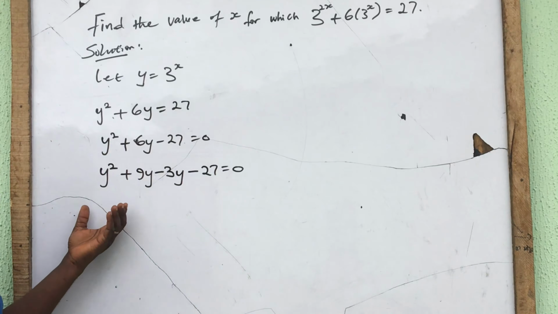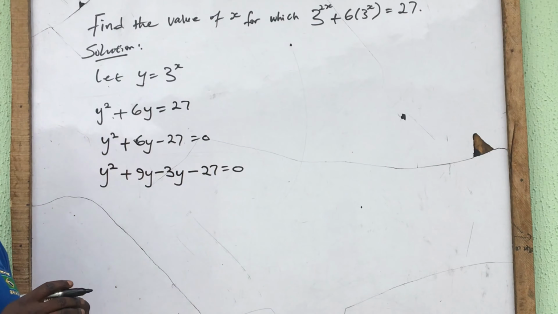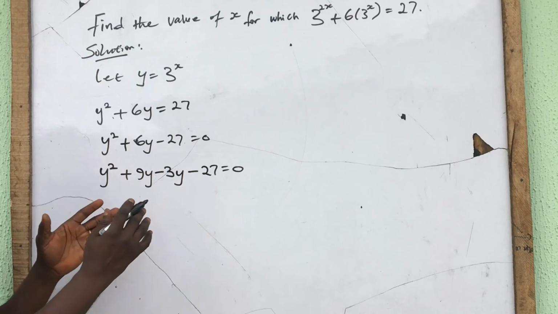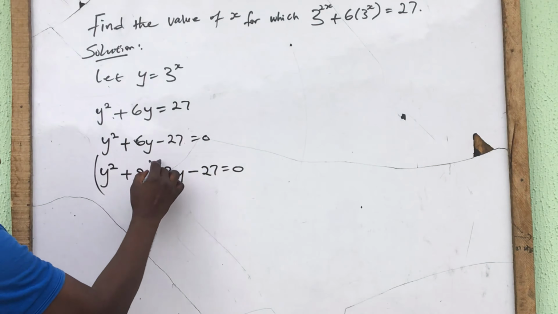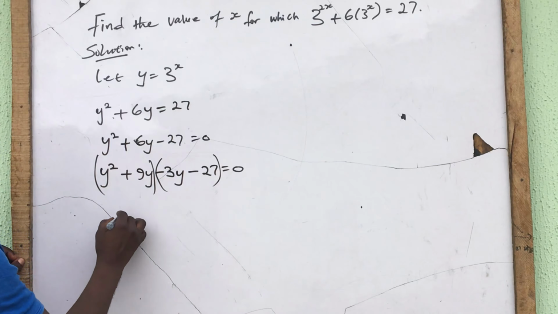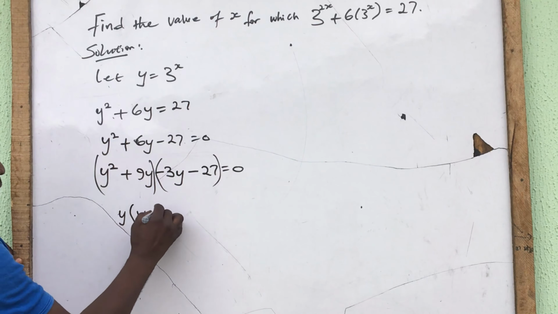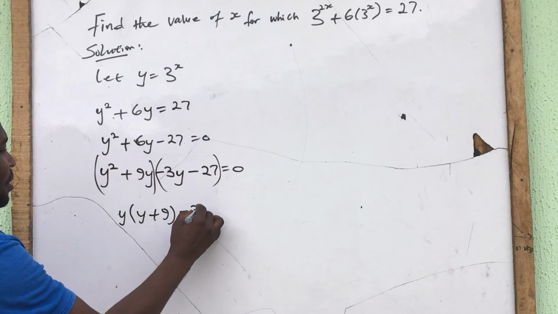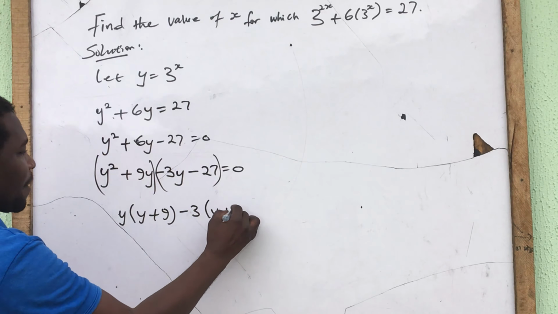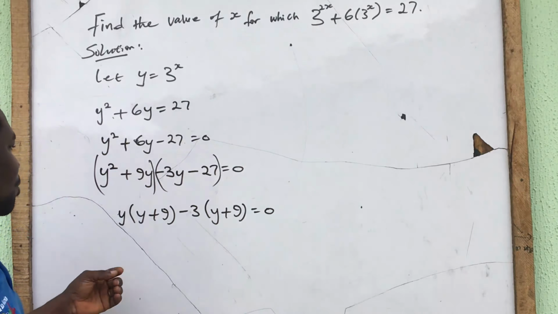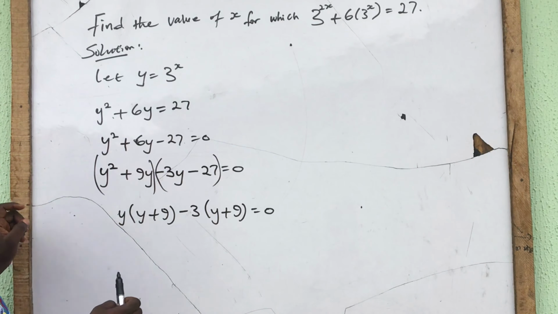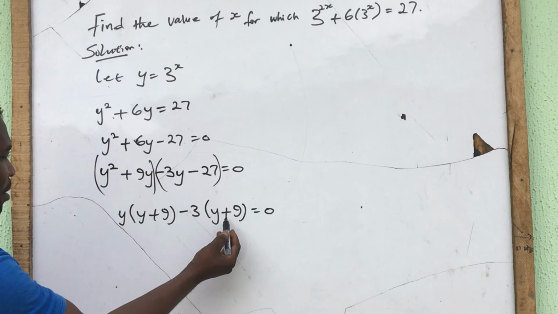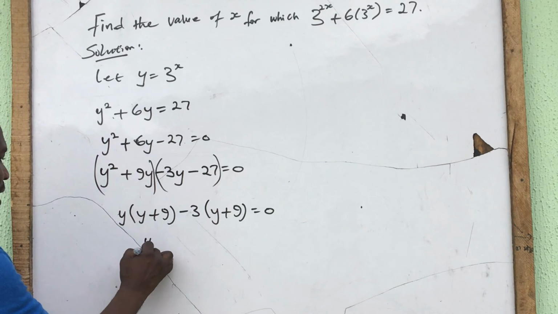You can discover that this is a quadratic equation that we are trying to group. We have to factorize to get my factors out. So I have y into y plus 9 minus 3 into y plus 9, equal to 0. This y plus 9 is common, so I'm going to factor this out.